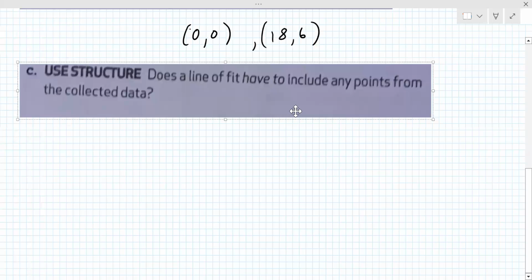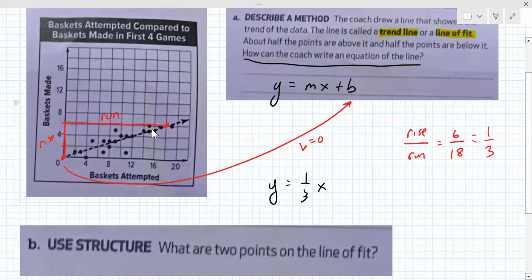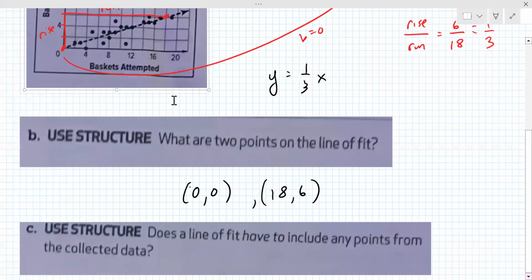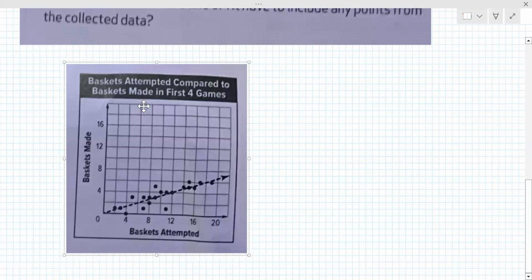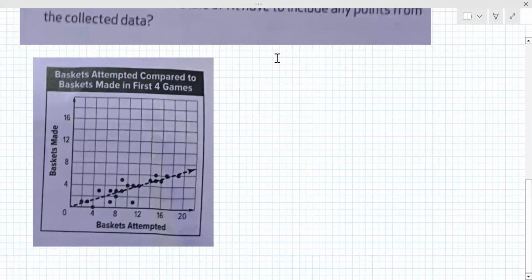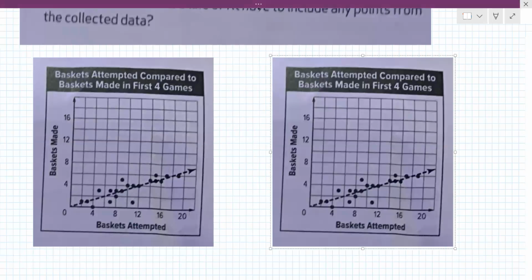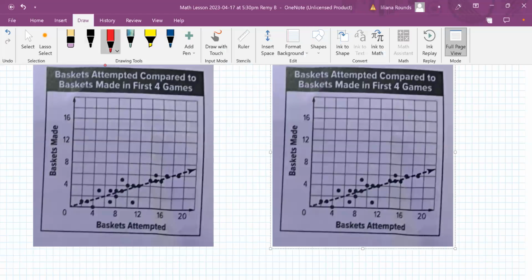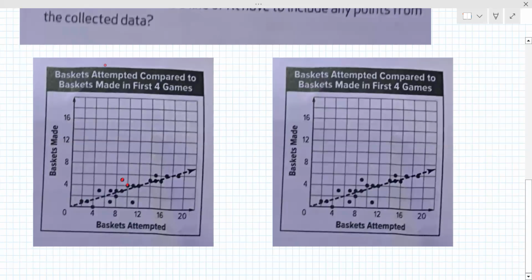You could go back to the graph here and you could get any 2 of these points. But if you chose the wrong 2 points, let me try to show you that here. So let me grab this. All right, so let's say we used, I'm going to grab red again here. Let's say we use these 2 points in red and we made a line like this. Would that be good?